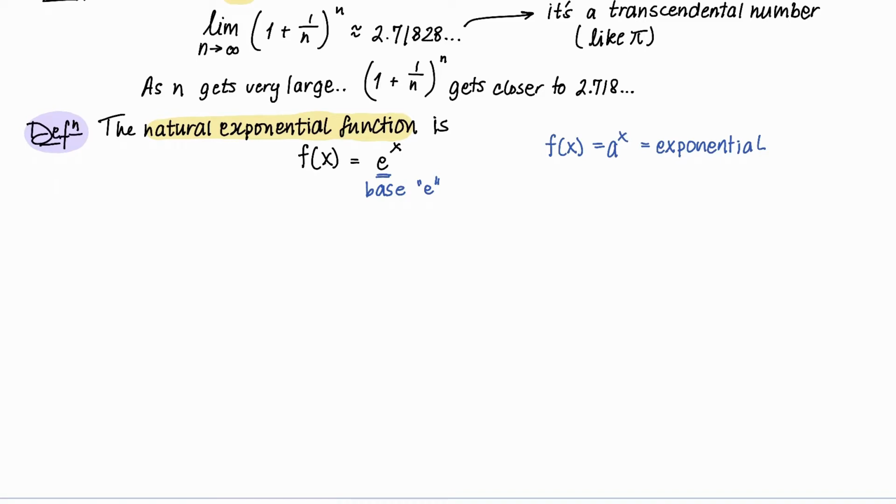Okay, what else do I want to say here? I guess since we've been talking about logarithms, we should also define the natural logarithm. So the natural logarithm is the logarithm with base e.